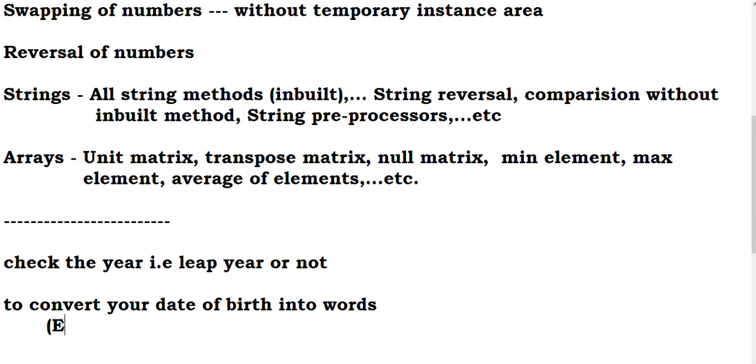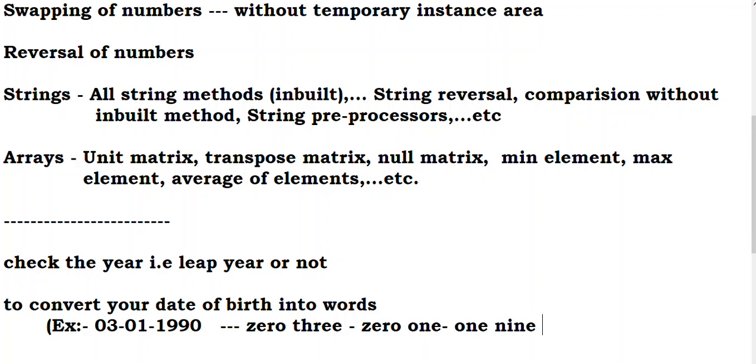Just one example: suppose your date of birth is 03011990. Converting into words means 03, then space, 01, space, 1990. So this is the type of conversion.